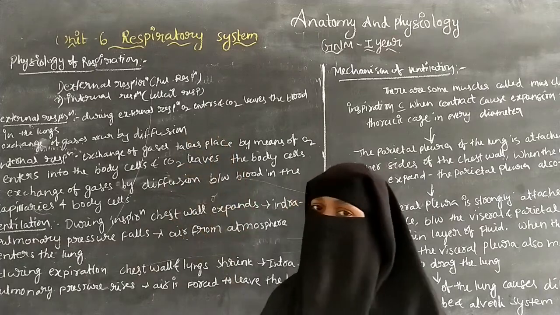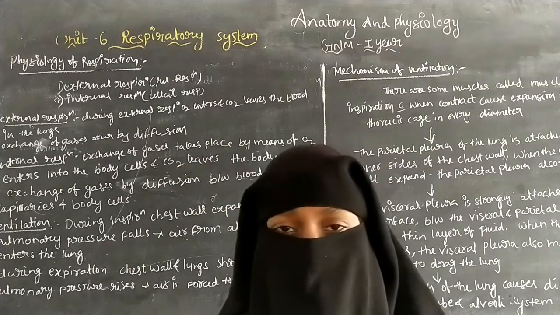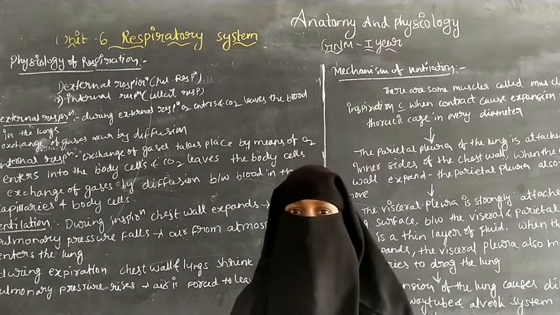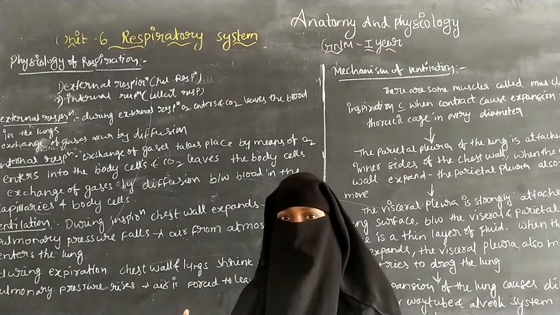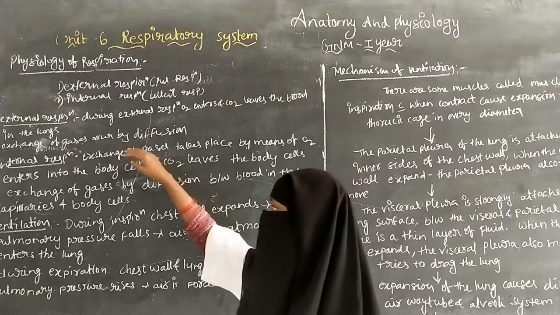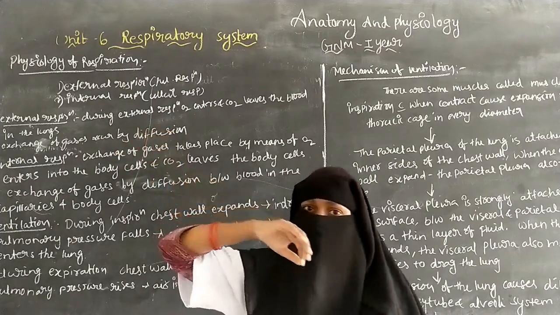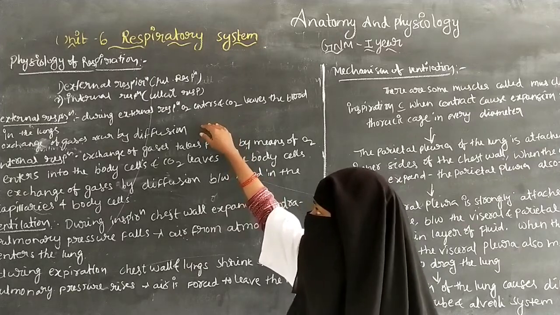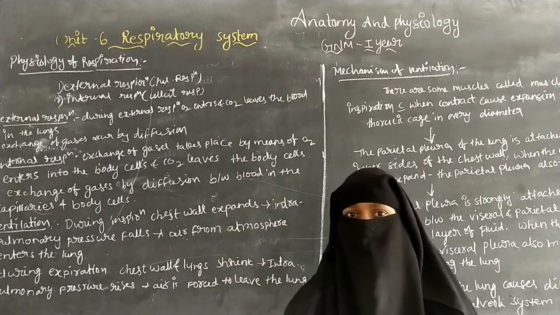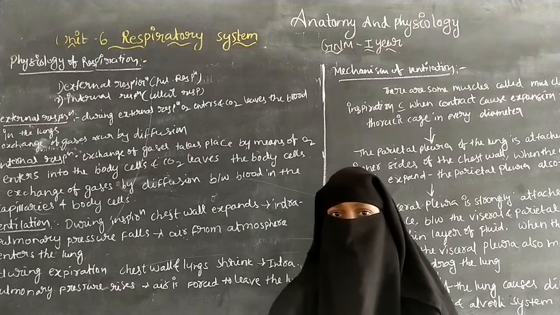Capillaries are the smallest branches of blood vessels, and they connect the arteries and the veins. So the diffusion occurs between the alveoli and the blood in the alveolar capillaries.